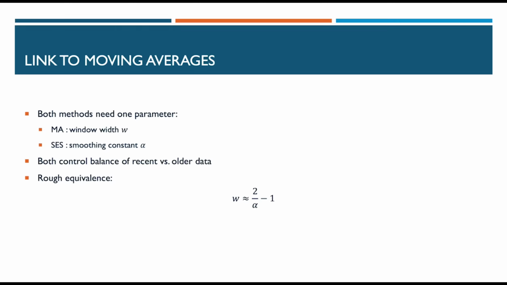And there is a relationship between them: W is approximately equal to 2 over alpha minus 1. So this is approximately the case. So if W is 3 weeks, 3 months, whatever, then alpha can be 2 over 3 minus 1. It's going to give you almost the same smoothing behavior.